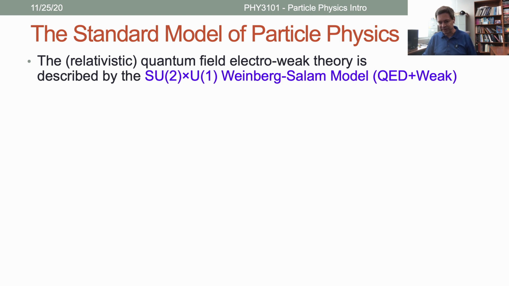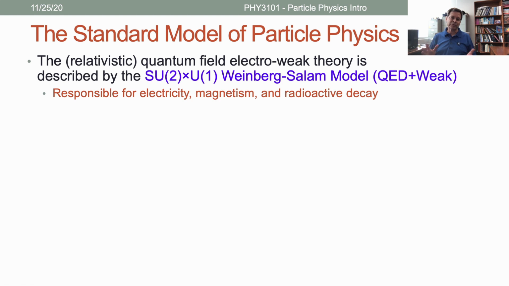That doesn't matter here. But it actually describes both electrodynamics, quantum electrodynamics, that is, QED, and the weak interactions. So it's responsible for electricity, magnetism, and radioactive decay. And we have a theory for that.